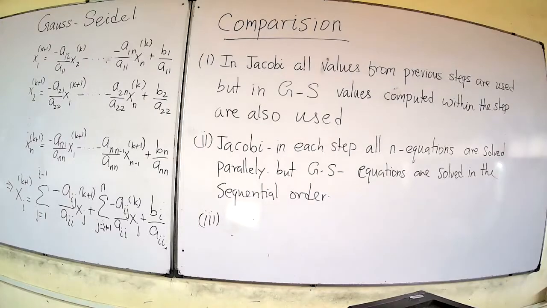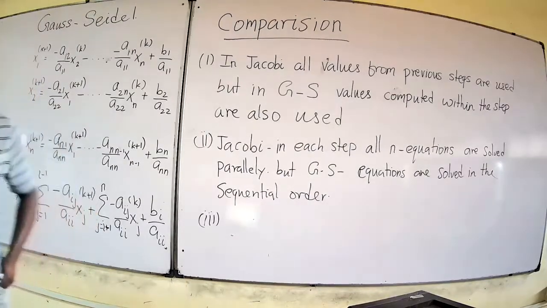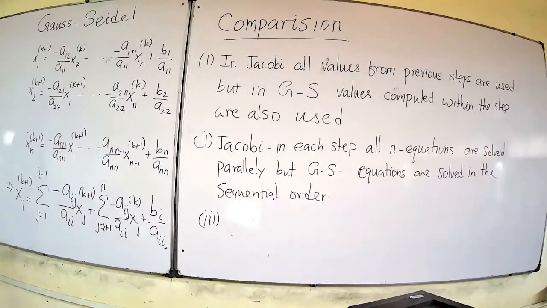So these are the main comparisons in terms of computation. In Jacobi, values from the previous steps are used only. But in Gauss-Seidel, you use the values within the step as well. You compute x1 and use it immediately, compute x1 and x2 and use them immediately.